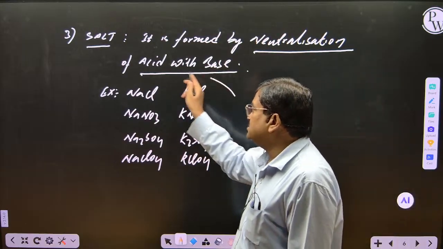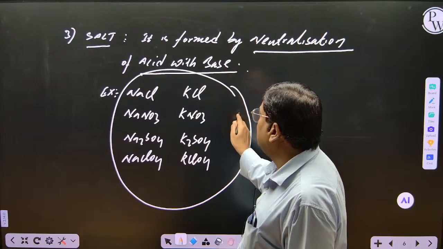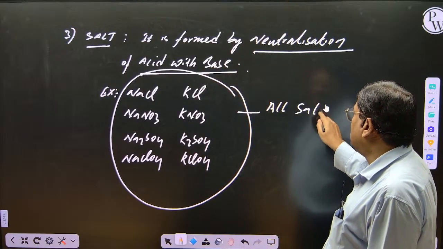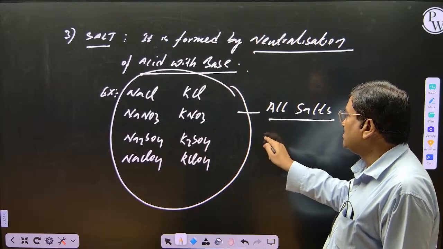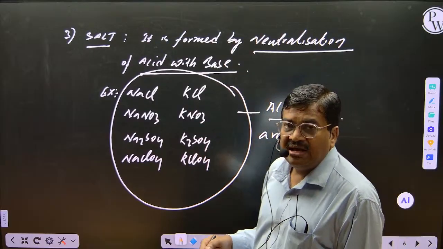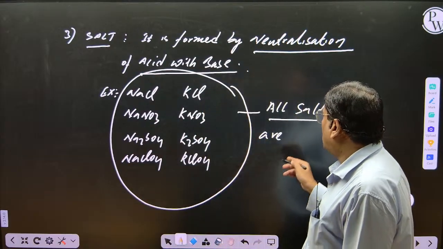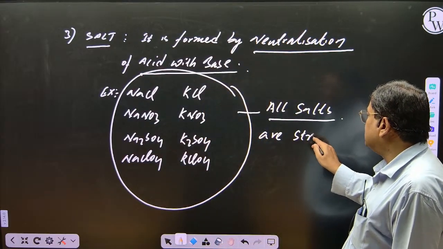So these are all what students should solve. And keep it in mind, all salts are strong electrolytes. Whenever salt comes, all salts are strong electrolytes. What is meant by strong electrolyte? They completely ionize when we put them in water.